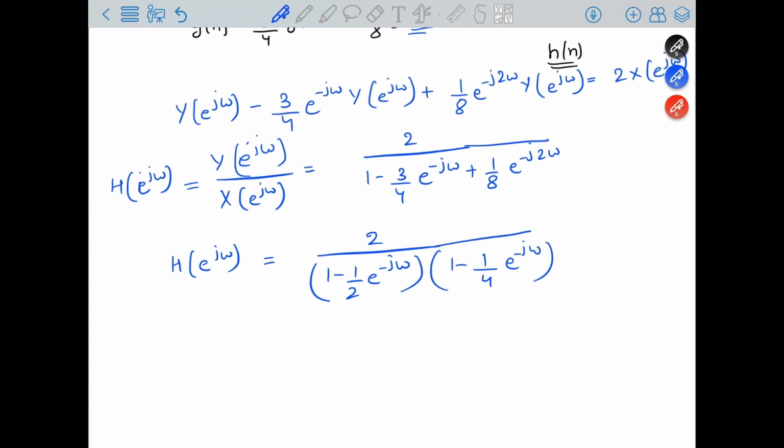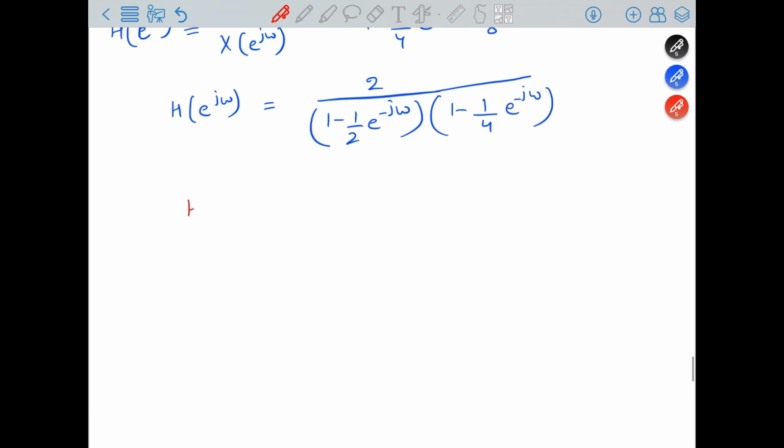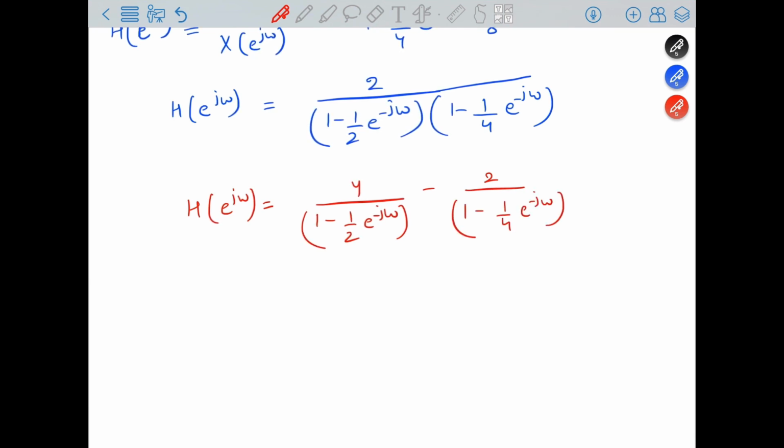This is just basic factorization using basic mathematics. Now we split it into two parts: 4 over 1 minus 1/2 e^{-jω} minus 2 over 1 minus 1/4 e^{-jω}.